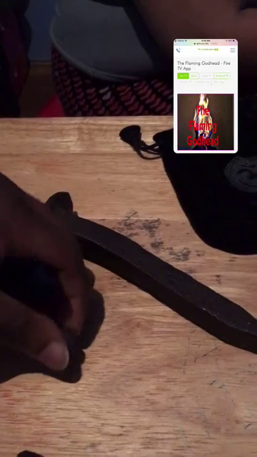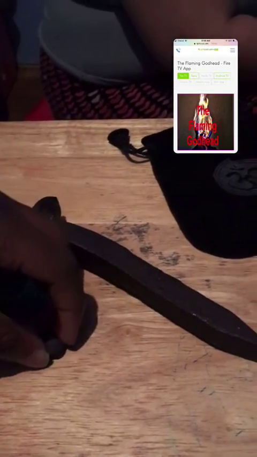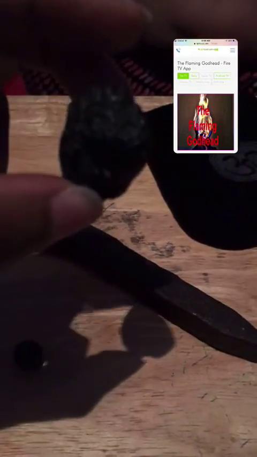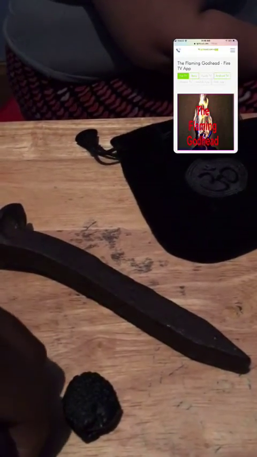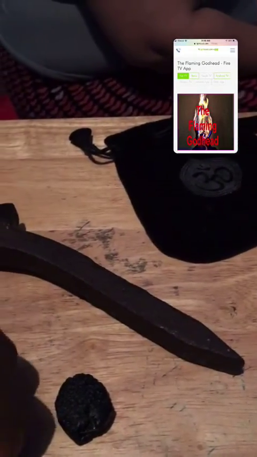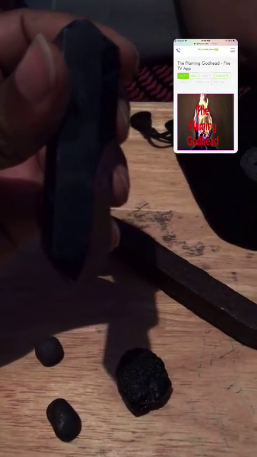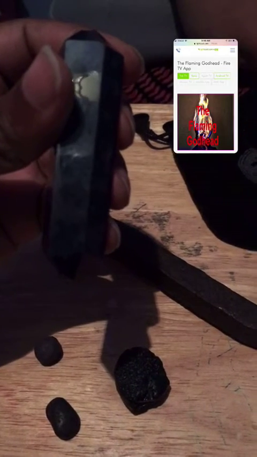One thing I highly suggest is that if you're going to be working with meteorites, tektite, or asteroids, you're going to need an azurite to help you understand that. Without this stone right here, you wouldn't be able to interpret what they're saying, and you won't be able to understand how to channel the energy properly.